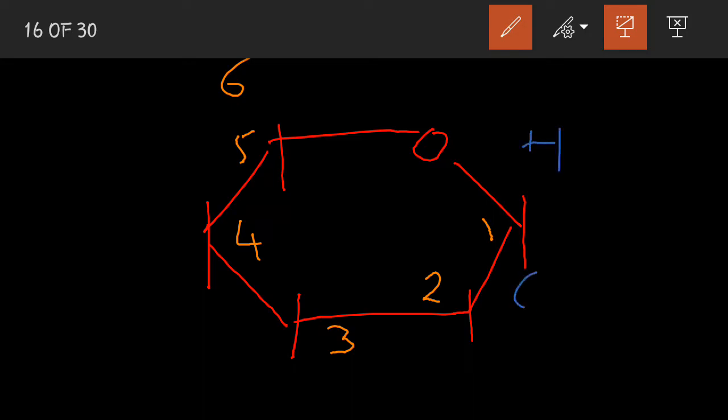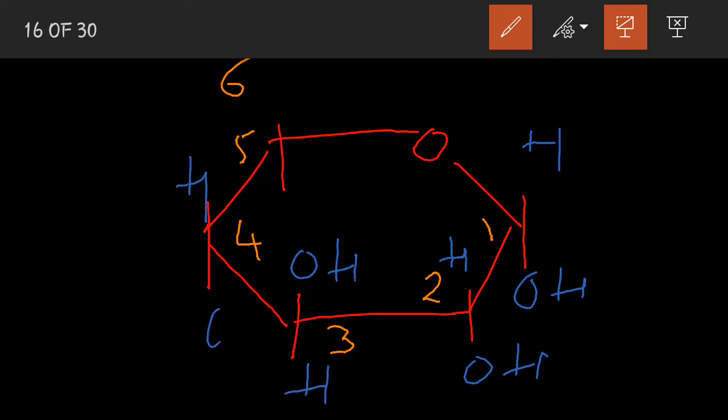H, OH. Second carbon: H, OH. Third carbon: OH, H. Fourth carbon: H, OH. And here, CH2OH and H. So you need to follow this pattern.